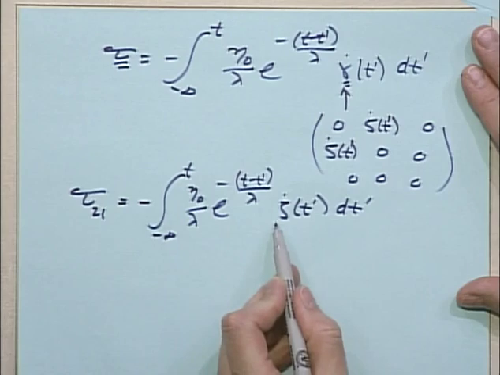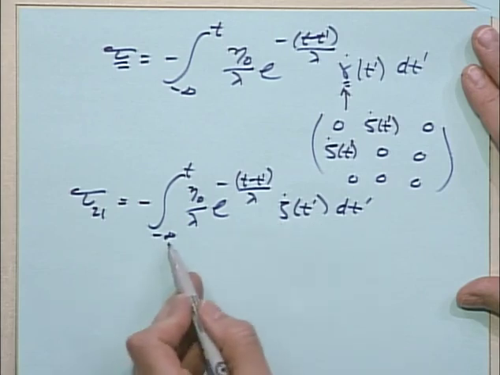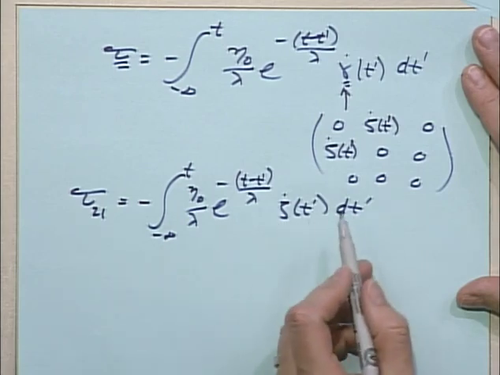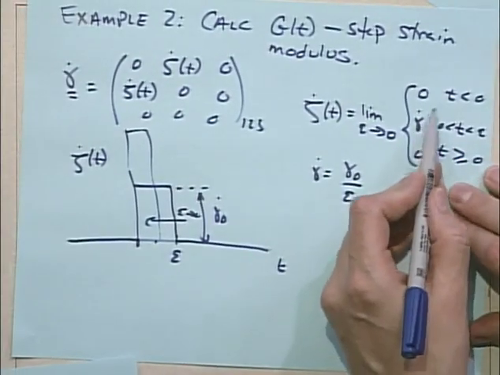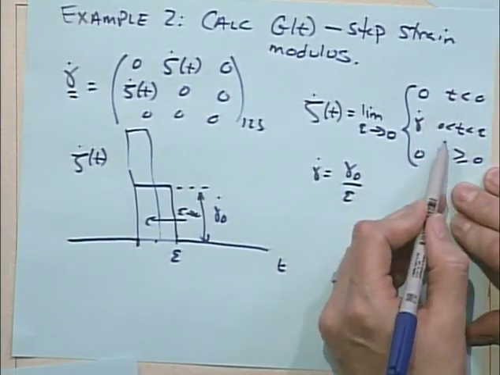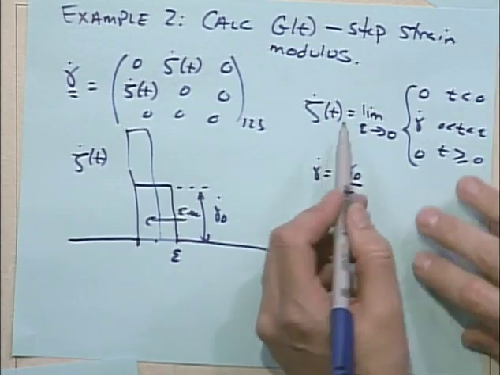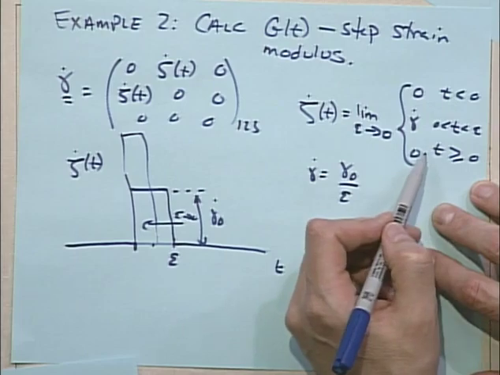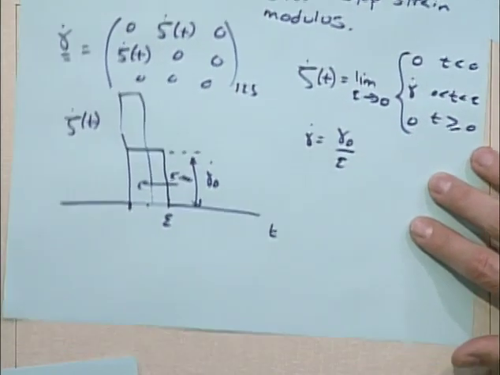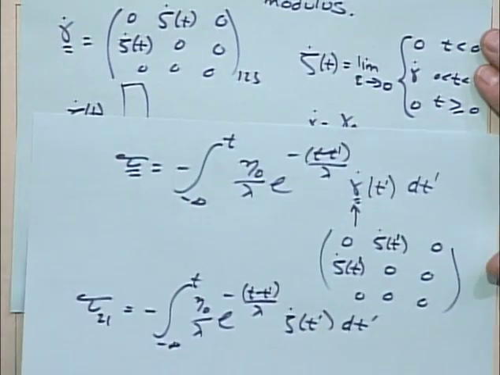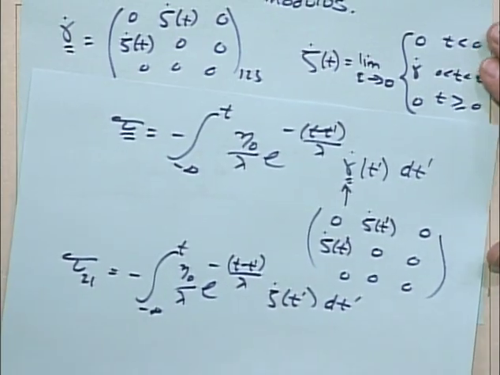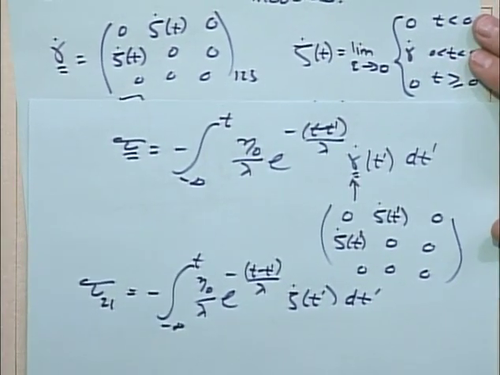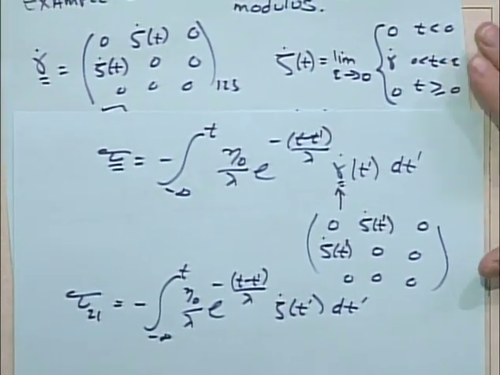Now this function is a function that, if I plug in t prime here, everywhere, to evaluate it at t prime, it's 0 most of the time. So that's going to help us to simplify this integral. Right?